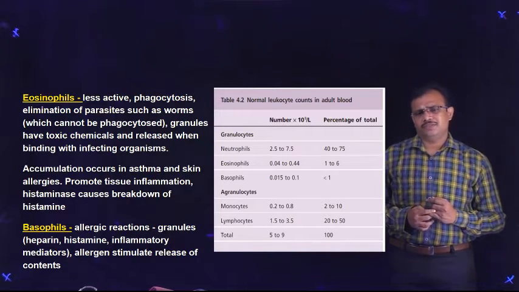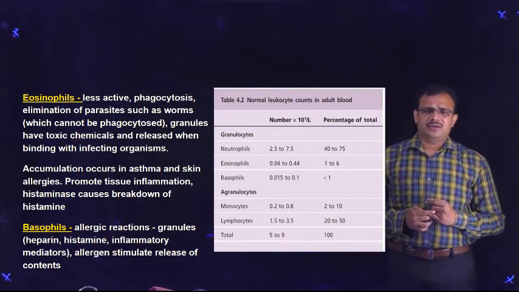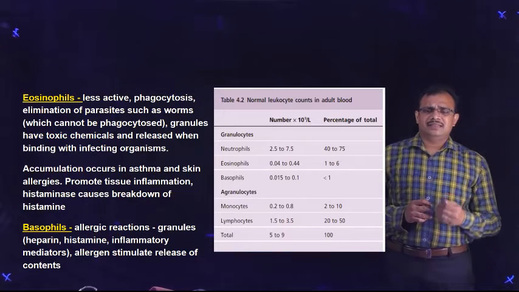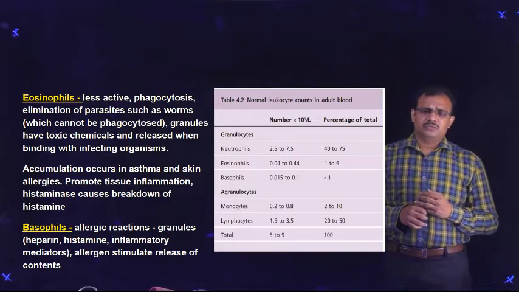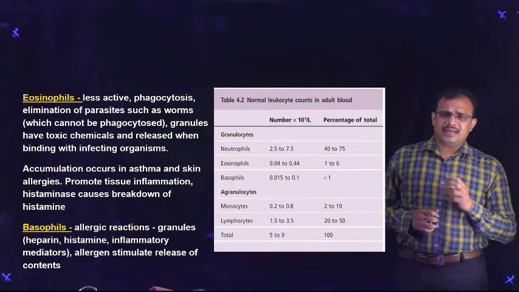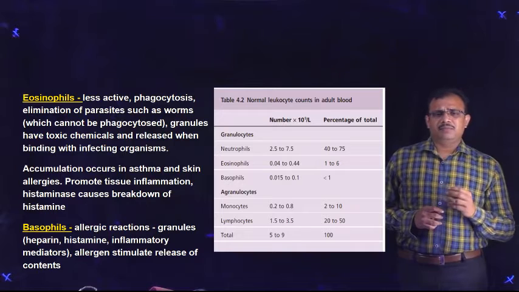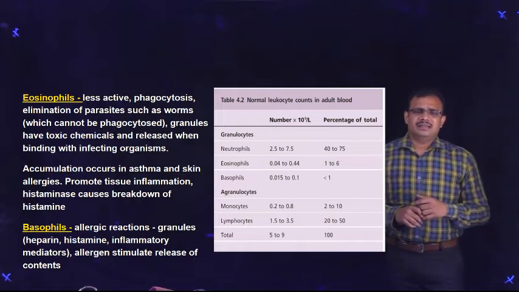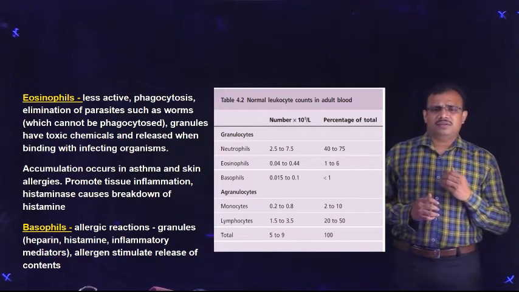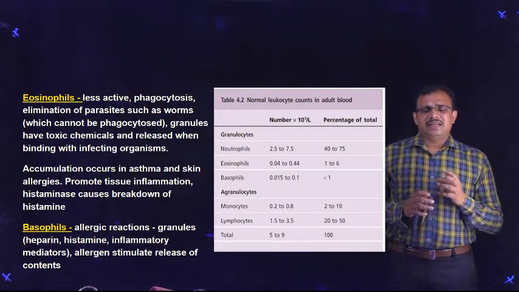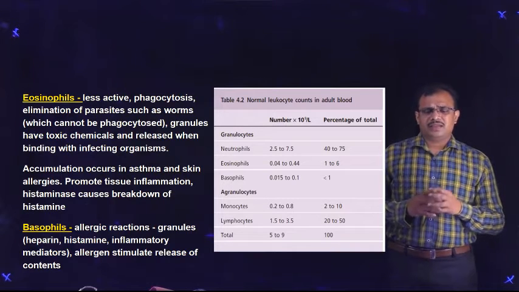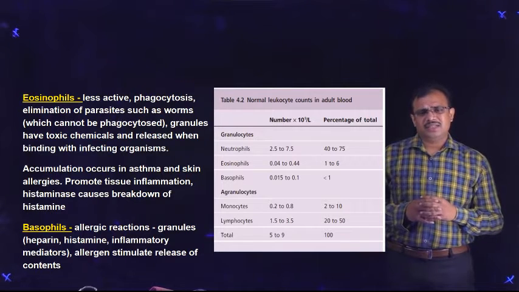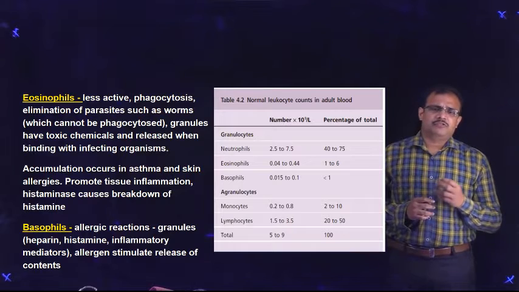They are eosinophils. These are called eosinophils because they take up the red acidic dye, and hence they appear red in color when observed under the microscope. They are less active phagocytes compared to neutrophils, but they have the same mechanism, and they are more essential in destroying foreign organisms which are large in size, especially parasites such as worms.